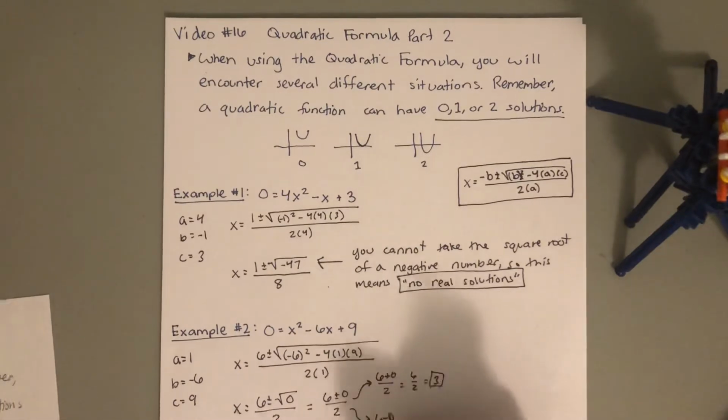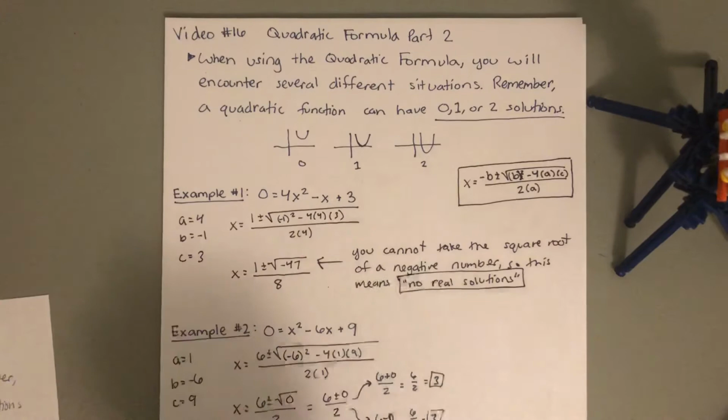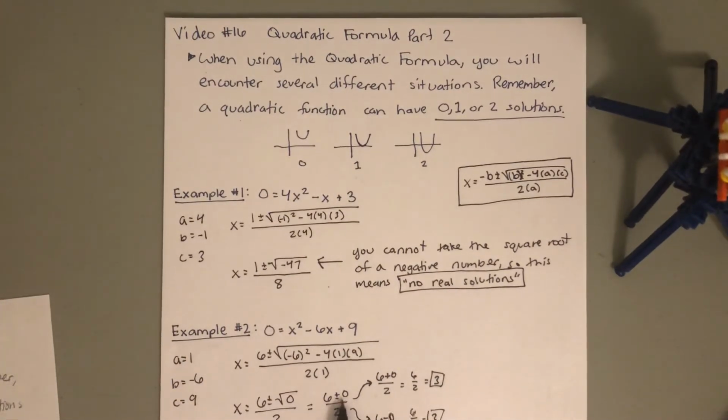Either way, if you're adding or subtracting 0, it's going to be the same, because if you add 0 to something or subtract 0 from something, it just stays the same.